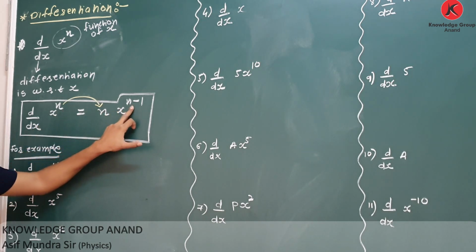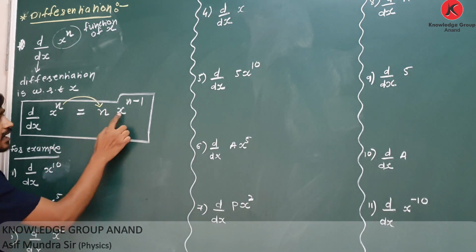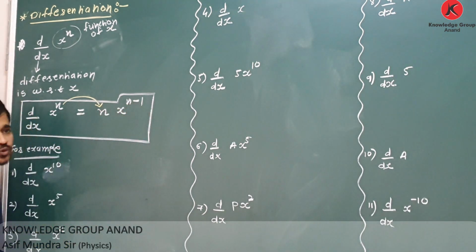So the answer of d upon dx of x raised to n is n x raised to n minus 1.